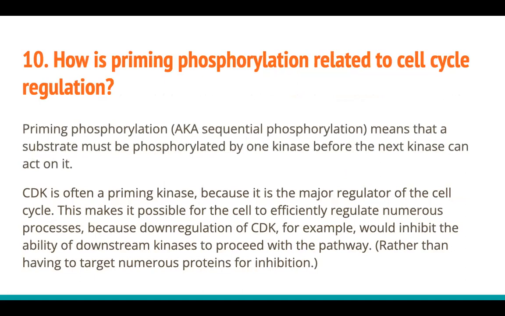Would WEE1 be in that pathway, the priming pathway? I think priming phosphorylation is just a term for something that can occur, so it doesn't always have to be CDK. So in your example, CAK would be the priming one because you are phosphorylated by, oh, just kidding. What comes first, WEE1 or CAK?